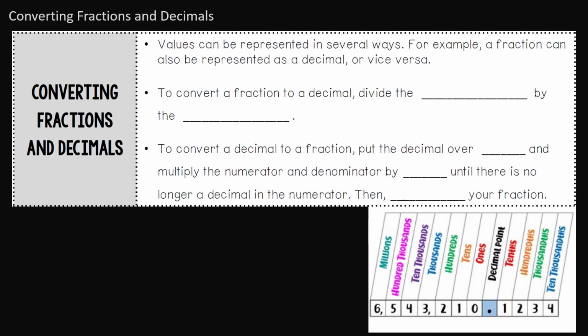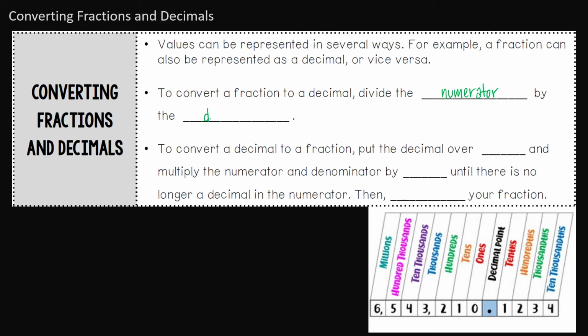So when we talk about converting fractions and decimals, we know that values can be represented in several ways. For example, a fraction can also be represented as a decimal or vice versa. To convert a fraction to a decimal, we need to divide the numerator, that's the top part of the fraction, by the denominator.